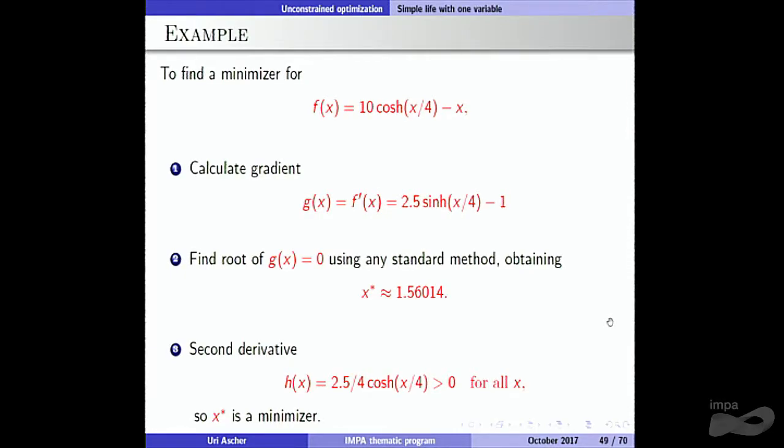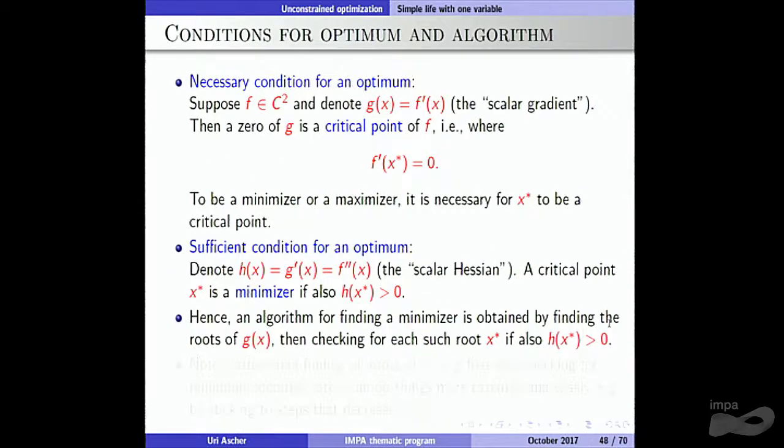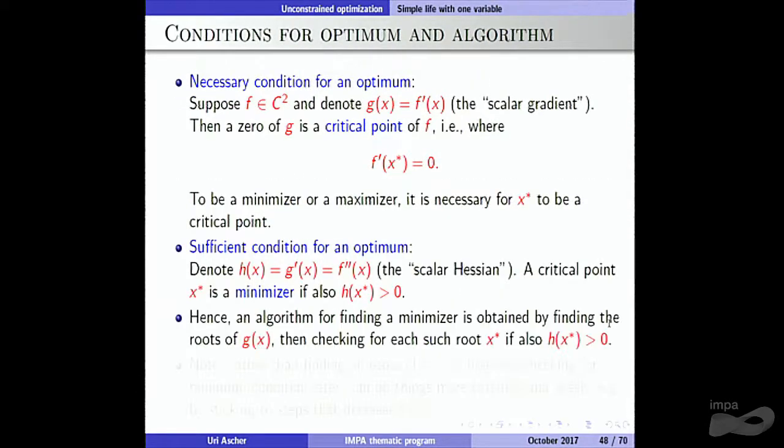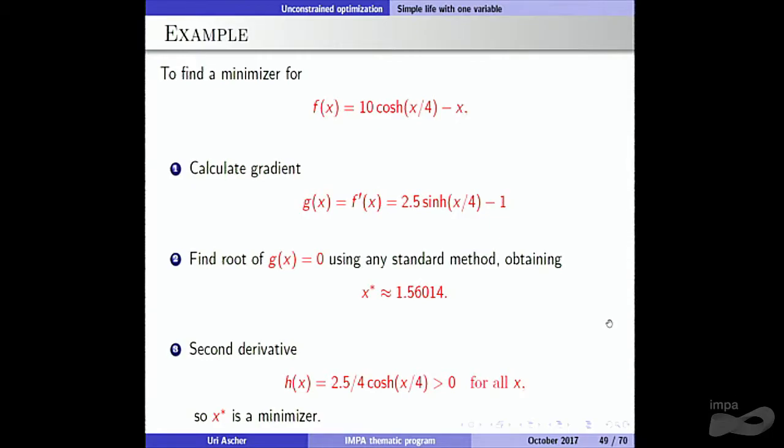For example, for this function that we saw before, we just calculate the gradient in one dimension and solve this nonlinear equation, obtain this solution, check the second derivative, it's positive everywhere, and therefore this is the minimizer.